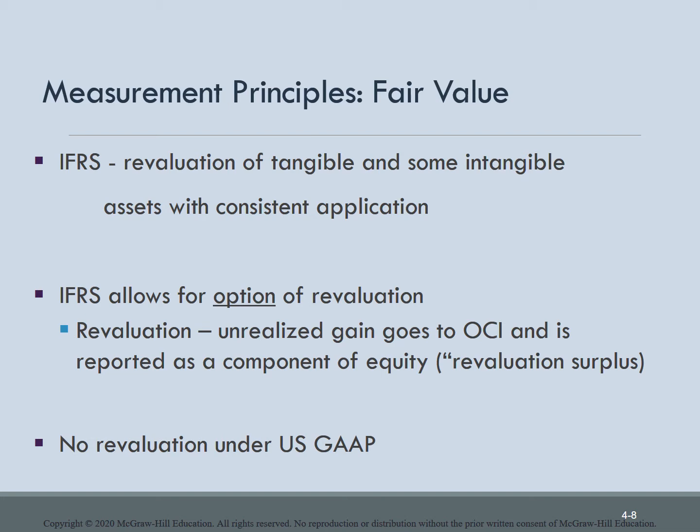In this case, we've got an unrealized gain for purposes of revaluation. It's going to OCI on your comprehensive income statement, and then in your balance sheet equity section, it would be reported as a line item of equity labeled revaluation surplus. And then once again, under US GAAP, we do not have revaluation.